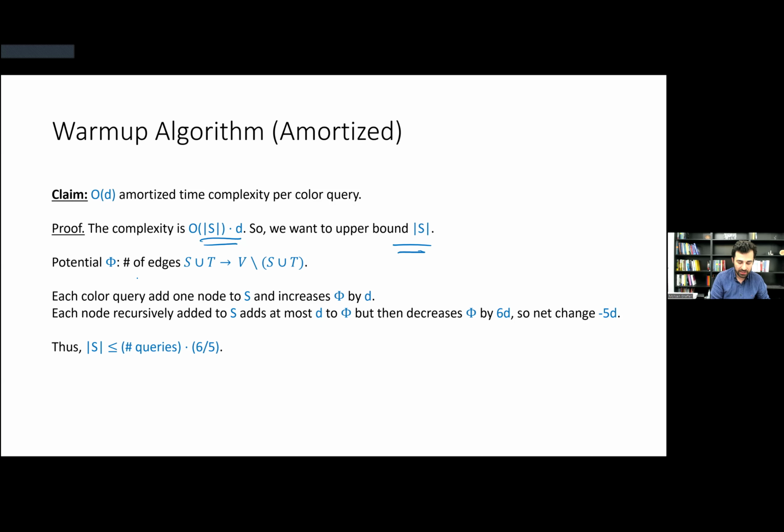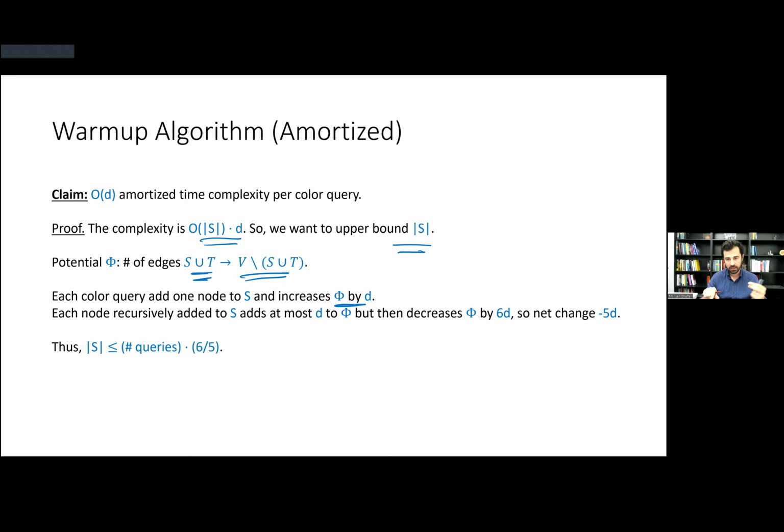I'll just take the number of edges that go from the set S union T to vertices that are outside the set. When you query a given vertex and I add that vertex to set S, that's an increase of +1 to S, and it's an increase of +d at most to the potential, since those edges going out might now be added to the potential. And whenever I add another vertex to set S by means of the recursive process, I might increase the potential by +d among its out neighbors.